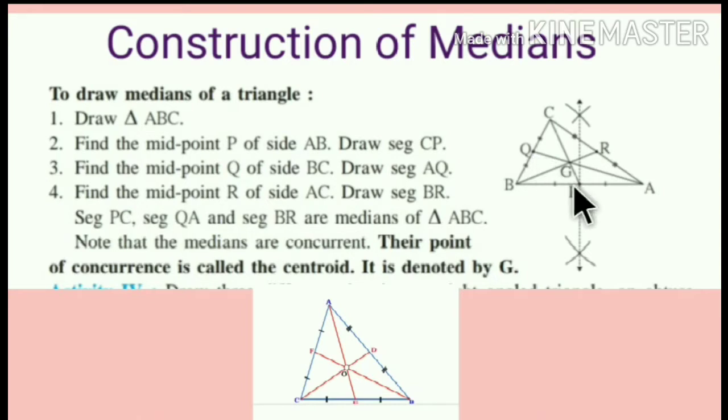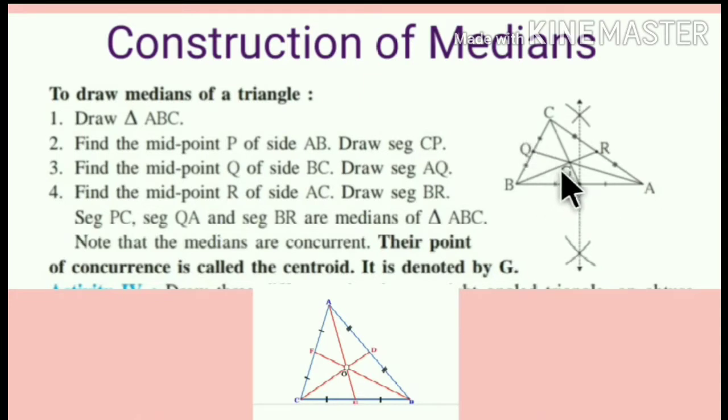Then the third median: the point R is the midpoint of side AC, the vertex opposite to it is B, and BR is the segment drawn here, which is the median from the point B. So seg CP, seg QA and seg BR are the medians of this triangle ABC.